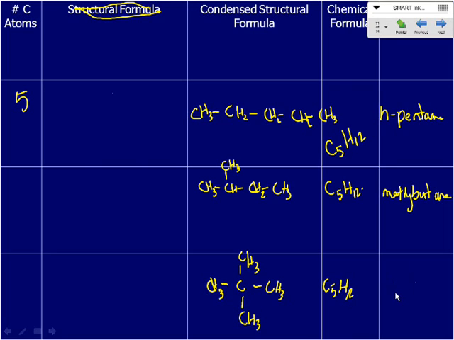And now I have 2 methyls. So I have to use some other prefixes in order to do this. What's that? No, I don't use an ethyl. An ethyl would be made up of a chain made up of 2 carbons, not 2 1-carbon chains. This is actually called dimethyl to represent 2 methyls.